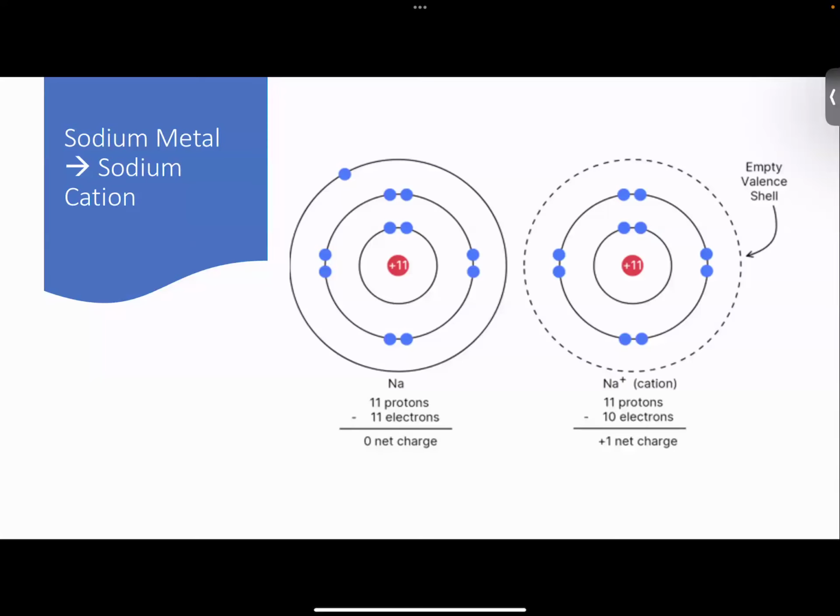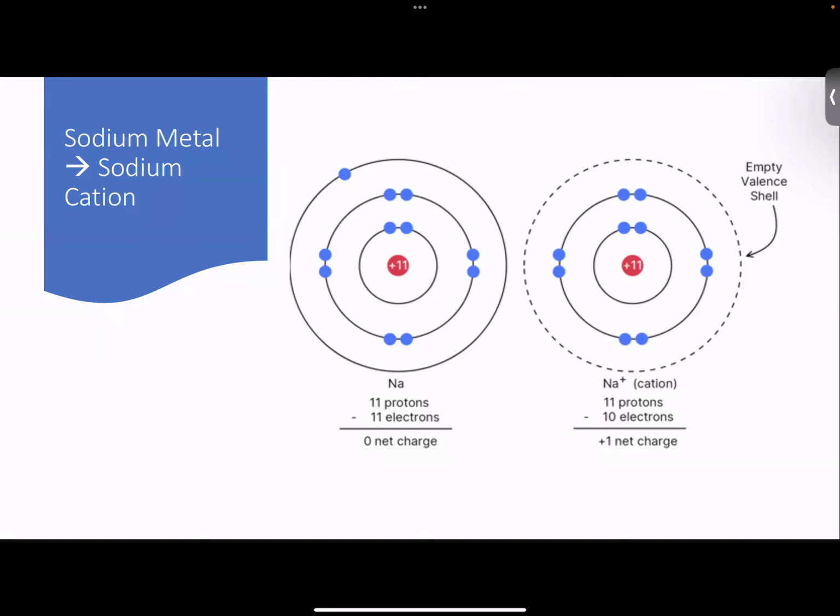Now, sodium will lose its valence electron to form a sodium ion. In this case, again, you still have 11 protons. The protons determine that it is sodium. So you still have a plus 11. But once you've lost that valence electron, you now only have 10 electrons or 10 negative subatomic particles.